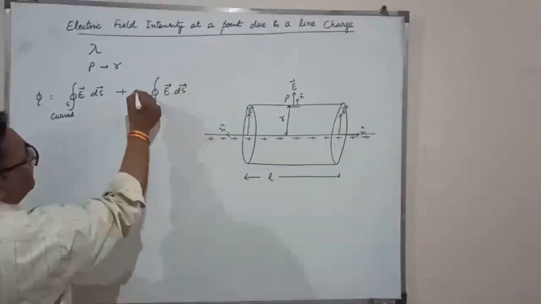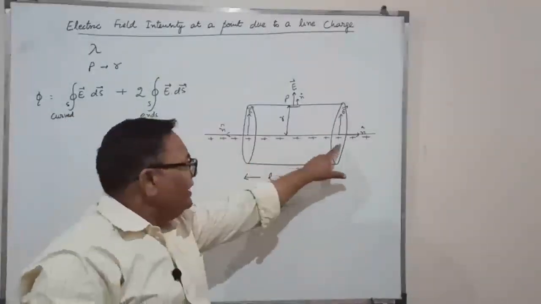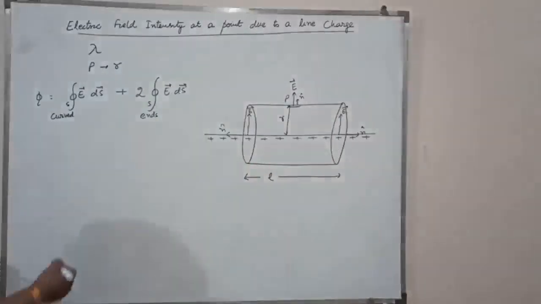There are two ends, therefore here this value is 2. One end this and one end this. Clear?